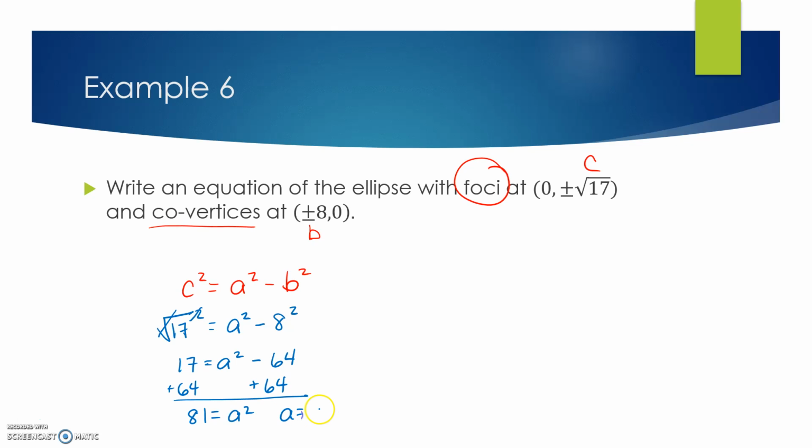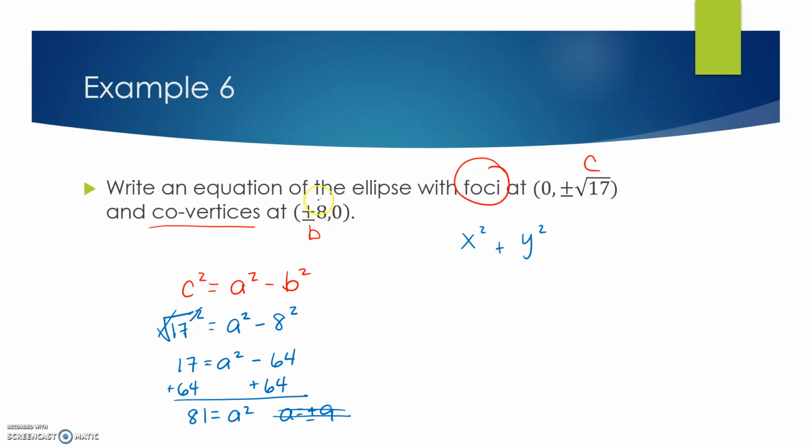So a is going to equal, technically a equals plus or minus 9, but if I'm writing the equation, remember the equation goes like x squared plus y squared, and then it's over a squared and over b squared. So really, I don't actually need to get this because it doesn't ask for what are the vertices, it asks for the equation.